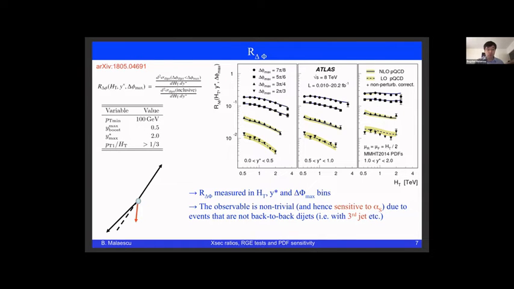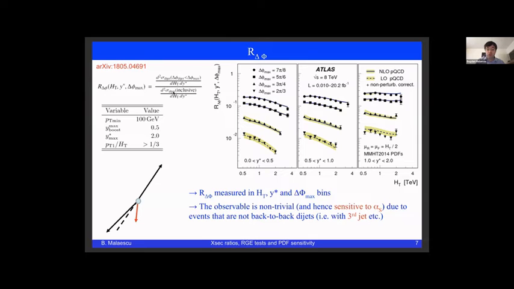So what makes this ratio non-trivial? This is precisely the emission of one extra jet, a third jet, which prevents the two leading jets from being back-to-back. So these event topologies are the ones making this quantity non-trivial.